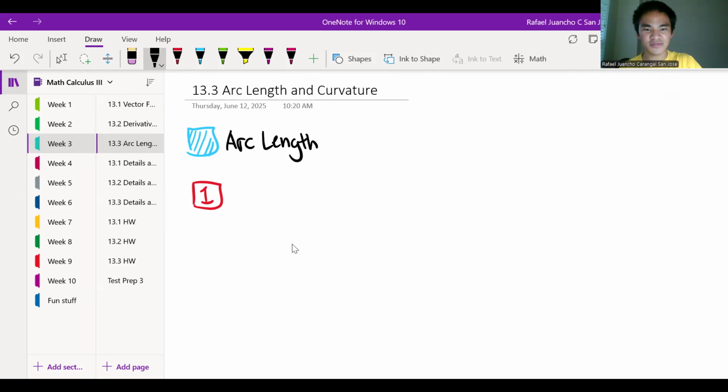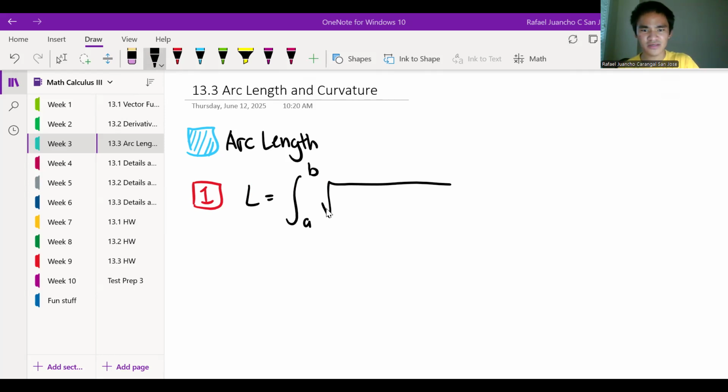So the formula is just going to be its arc length, which is L, the integral from a to b, square root of, so the formula here is a bit different actually, for vectors.